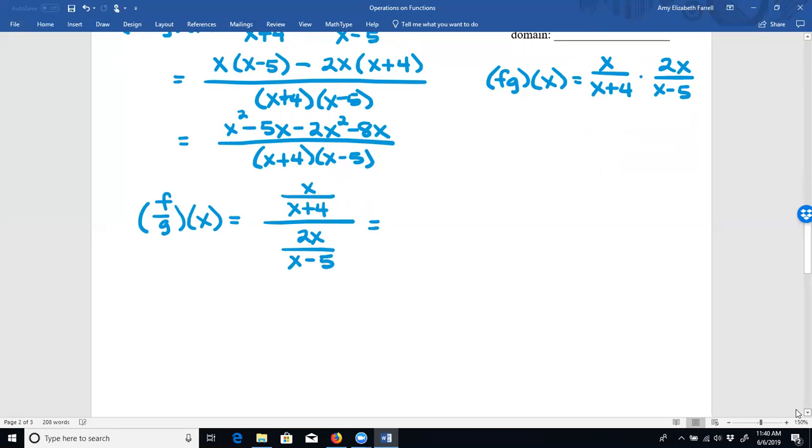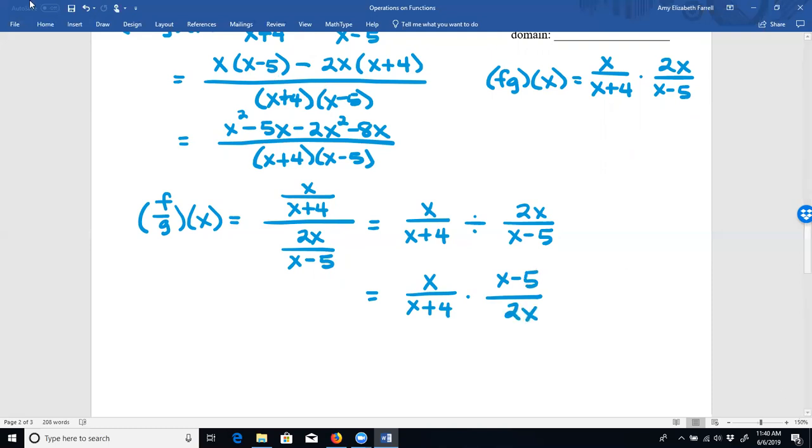So I'm going to write this horizontally. This is the same thing as x over x plus 4 divided by 2x over x minus 5. Now we know when we're dividing two rational expressions, we can multiply by the reciprocal of the second.